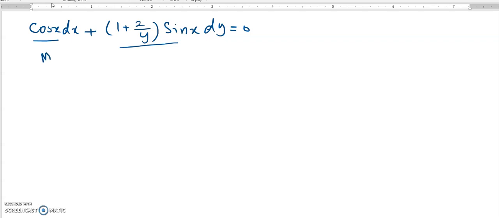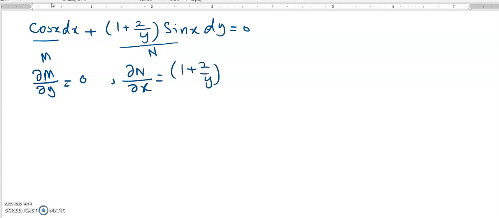If this is M and that is N, then partial M over partial y is 0, and partial N over partial x is (1 plus 2 over y) cosine of x. Since these are not equal, this is not an exact equation.